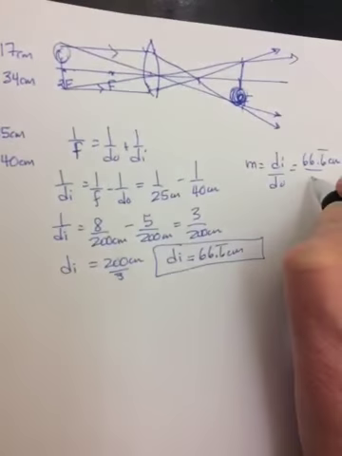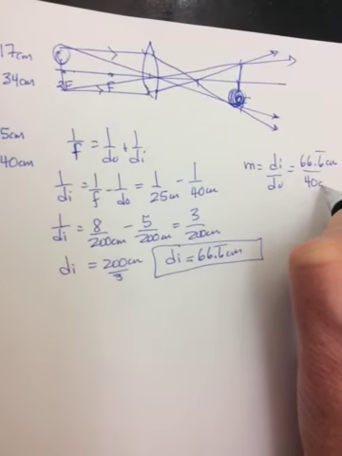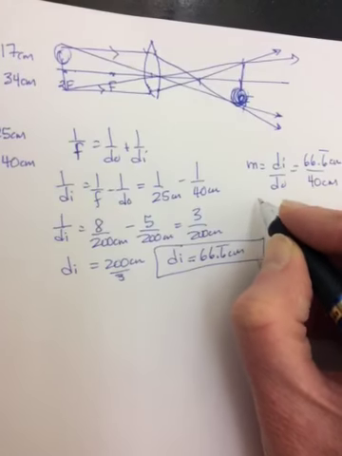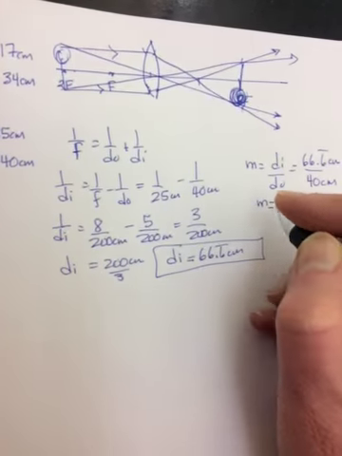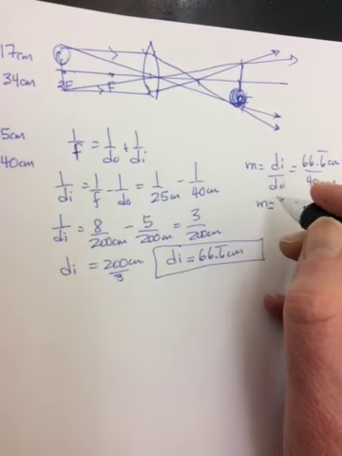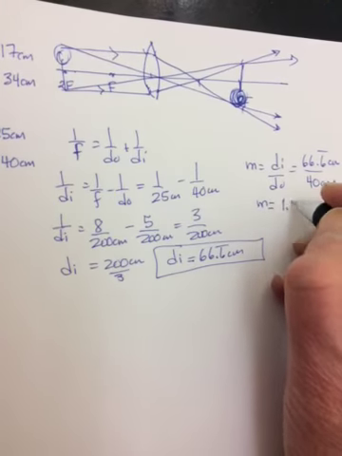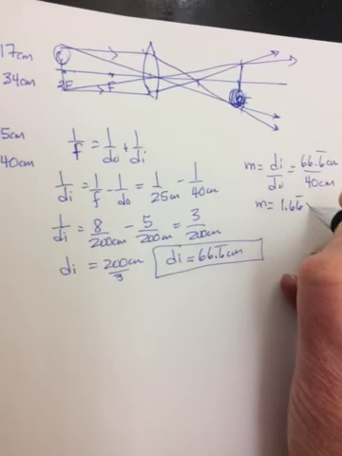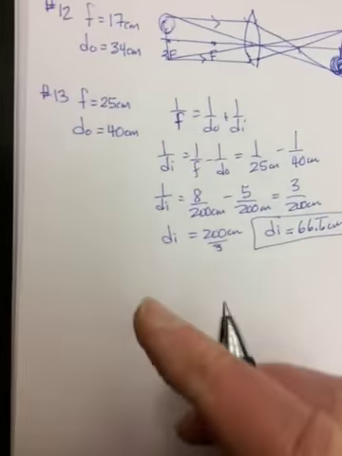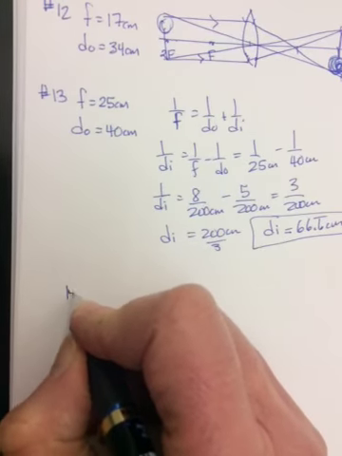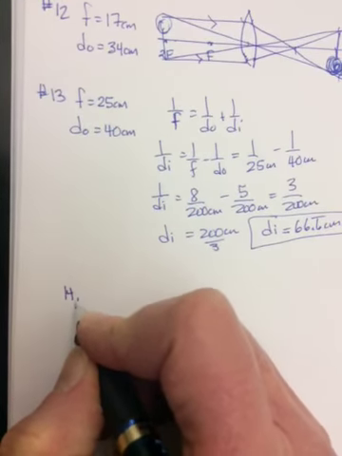DO was 40, so that's like 33.3 over 20, so 3.3, and then divide by 2, 1.6 repeating times bigger. So not a huge difference, but probably about as much as a copier can do.